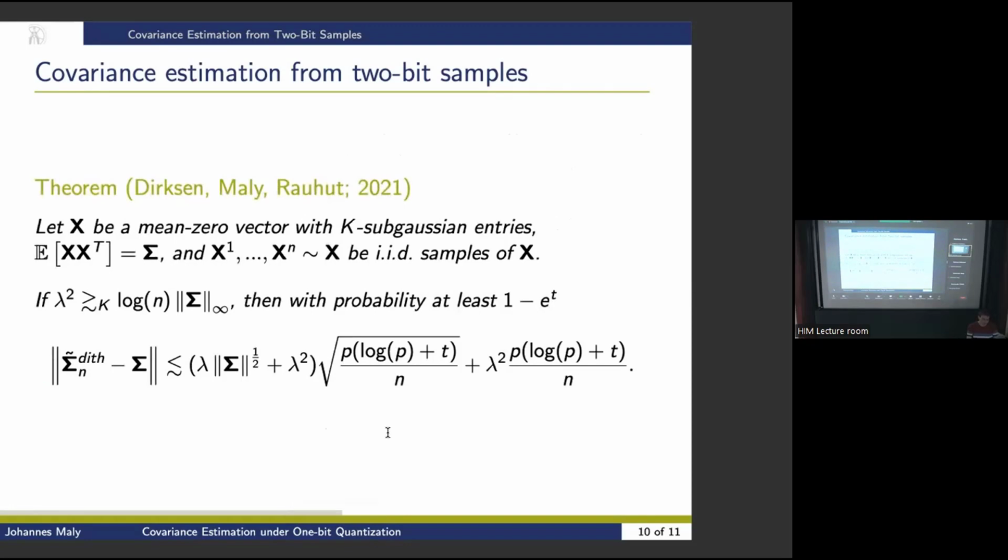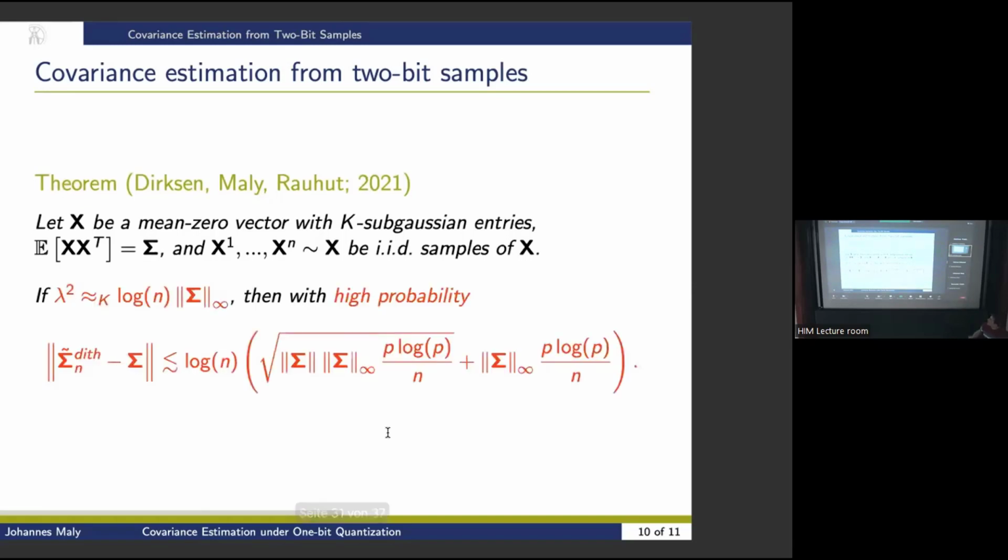And what we got, again, here you see it written for subgaussian distributions. If we take n samples, and we have a sufficiently large lambda, then we get certain guarantees. And since, again, they are maybe not that easy to read in this form, let's simplify a bit.